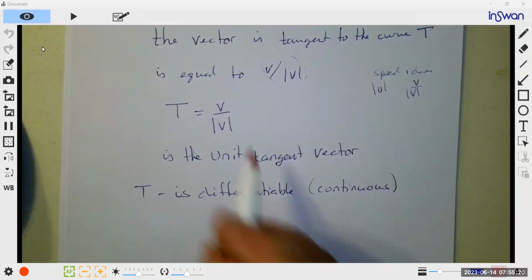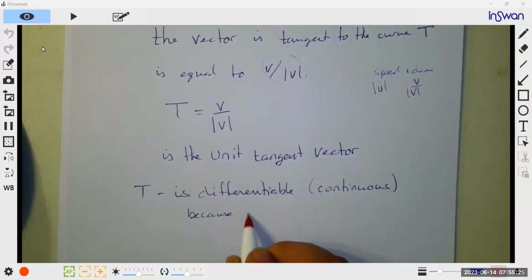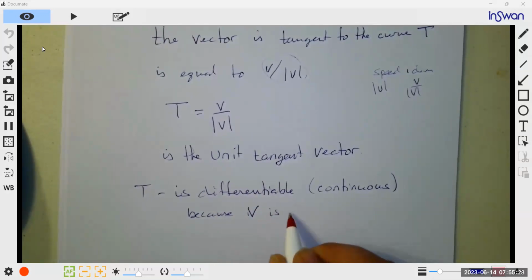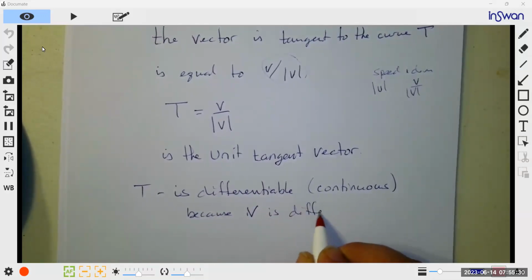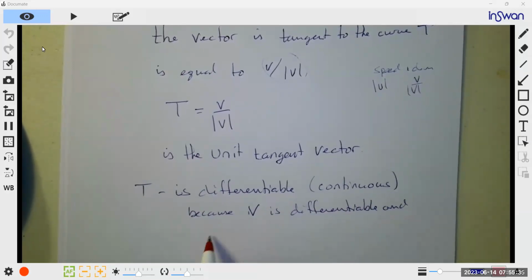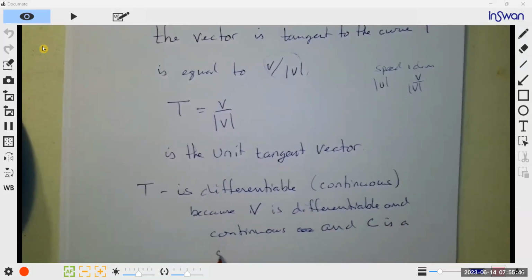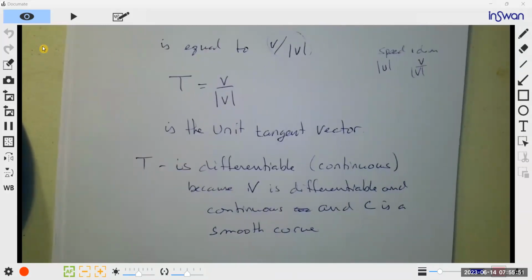We know that because V is differentiable and continuous, and C is a smooth curve, which again means that it is differentiable and continuous.